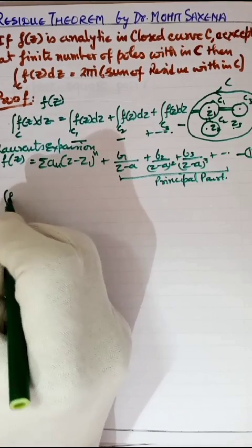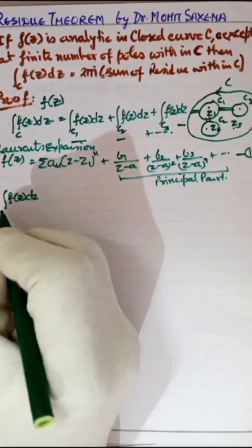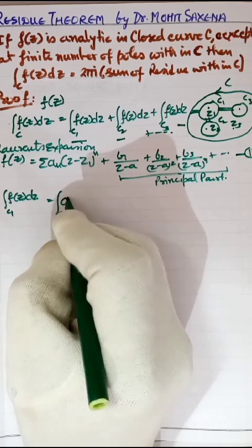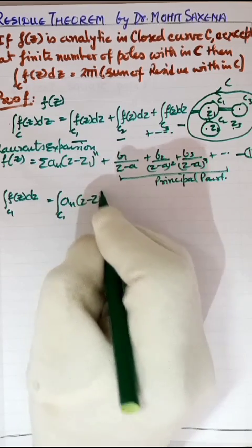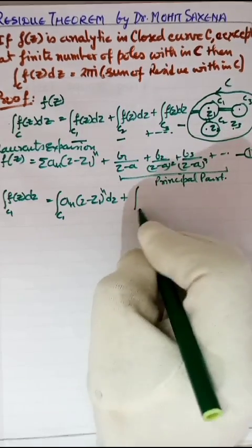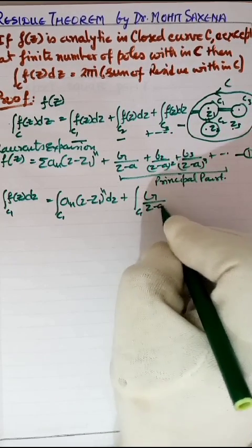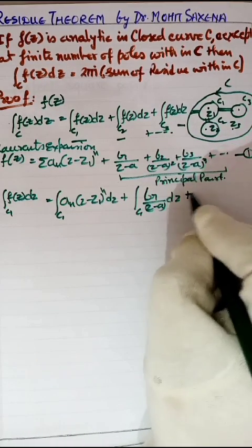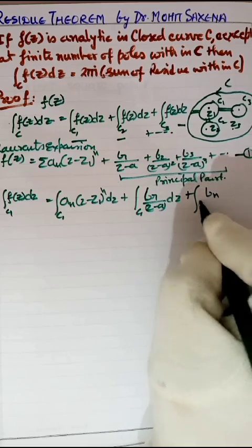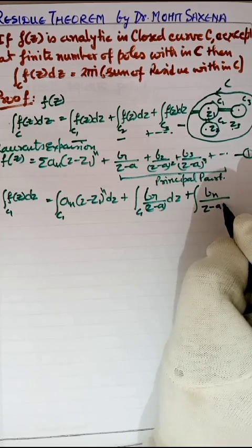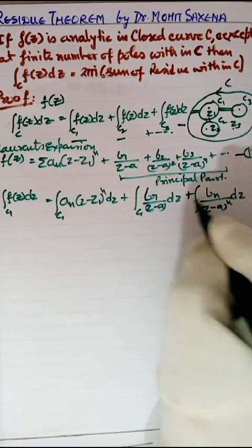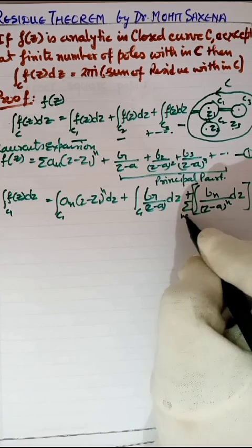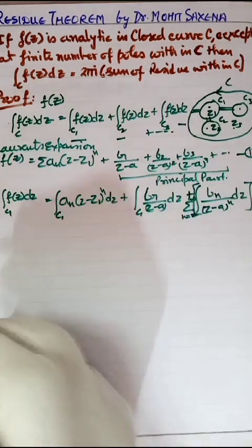We would get the integral of f(z) dz over C1 is equal to the integral over C1 of the sum of a_n (z minus z1) to the power n dz, plus the integral over C1 of b1 upon (z minus a) dz, and add up all the rest of the terms to get the next integral as b_n upon (z minus a) to the power n dz, and the summation of all these terms, n equals 2 to infinity.